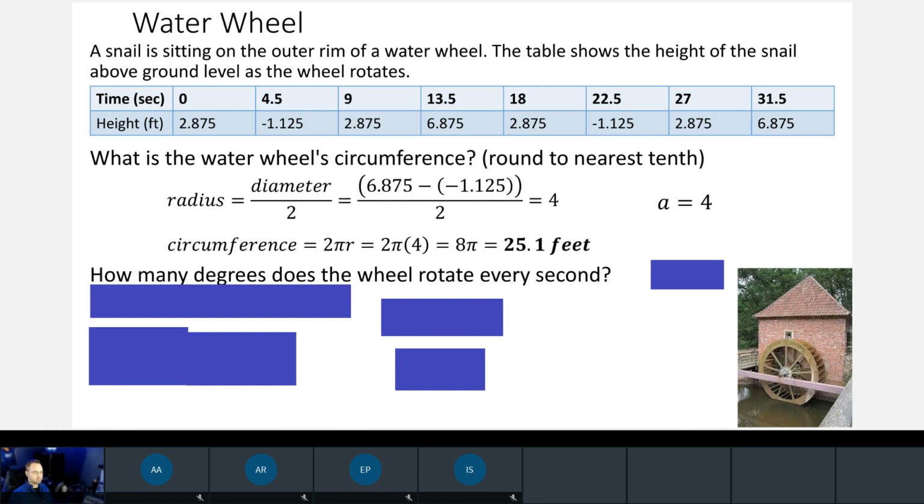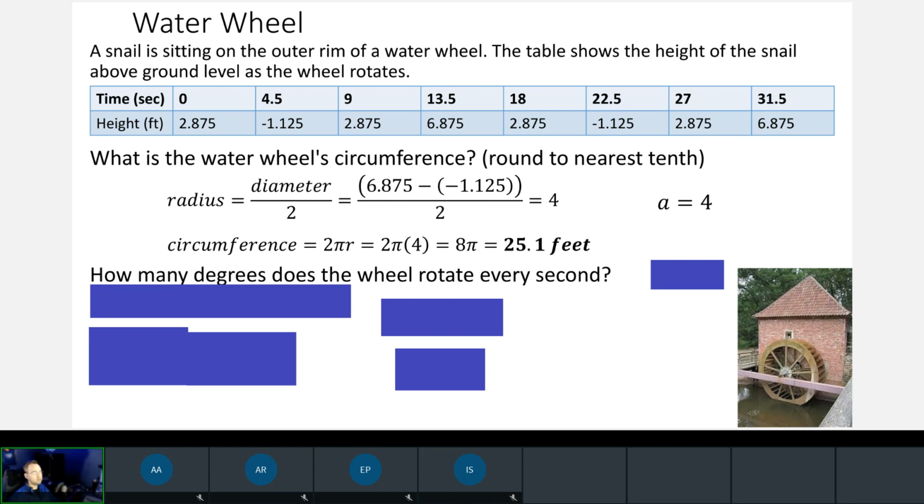Yeah, this is like a two-parter. Ideas on how to approach it. How about observations? Do we know anything about rotations and time based on the data?